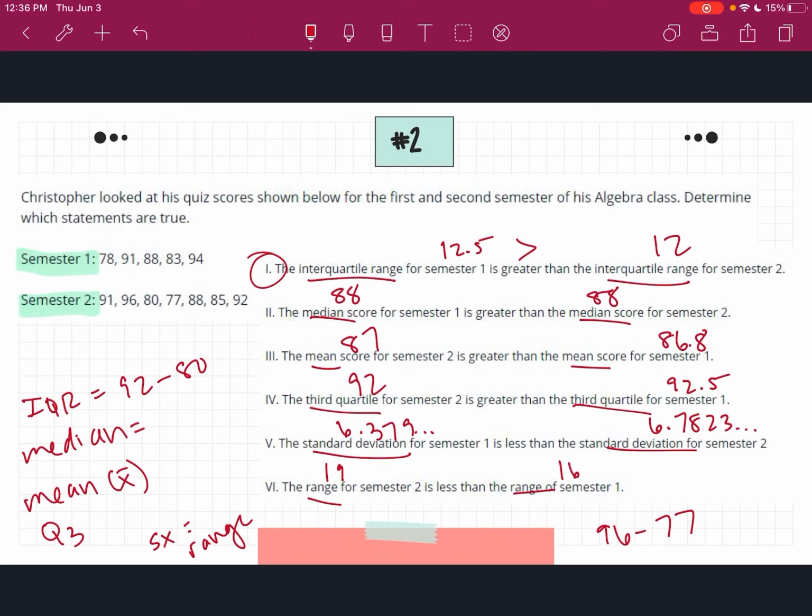The median score is not greater than, they're equal, so it will not be 2. 3 is correct because this mean is greater than the one for 2. The fourth one, the third quartile here is not greater than, it's a little bit less, so that won't be correct. Standard deviation for 1 is less than 2, that is correct. And then the last one, 19 is not less than 16. So the correct answers here should have been 1, 3, and 5.